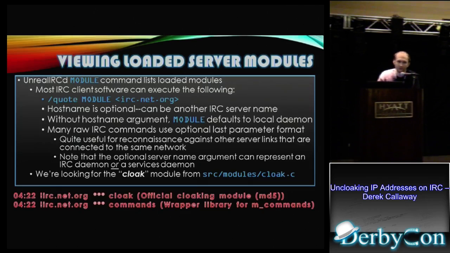However, I have seen on other networks SHA-1, RIPEMD-160, and others. That /quote command right there, that's not available on all clients. Sometimes it has to be /raw. Sometimes you can type it directly.